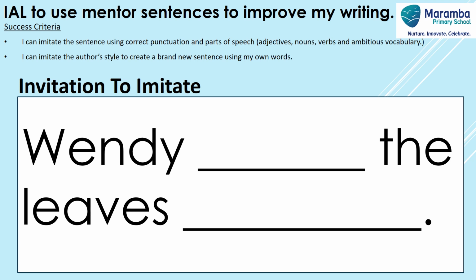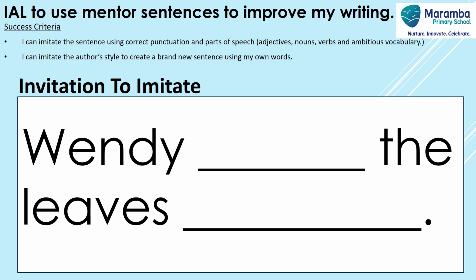And for our super challenge writers, you might write a completely new sentence. So you might not say Wendy, you might say your own name or somebody else's name and write a similar sentence using adjectives, nouns, punctuation, and ambitious vocabulary.